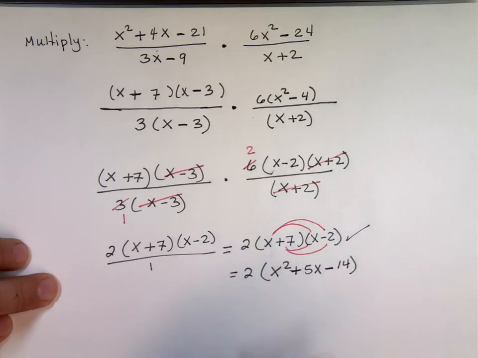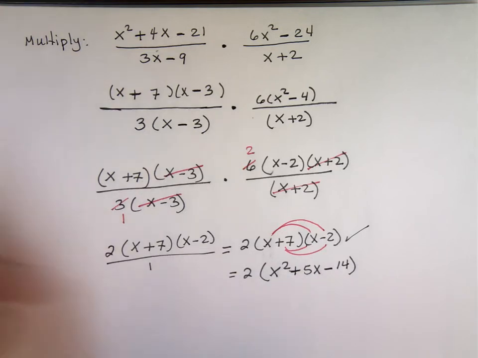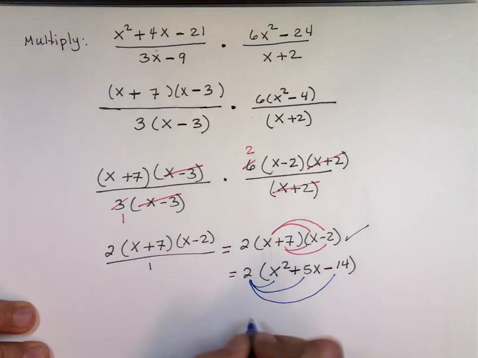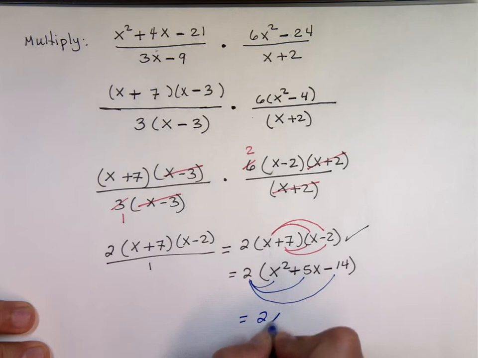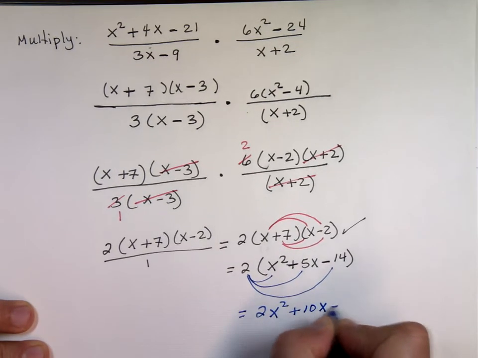So if you do that and you clean it, you end up with this. Now take the 2 and multiply it through. And that'll be what? 2x squared plus 10x minus 28.